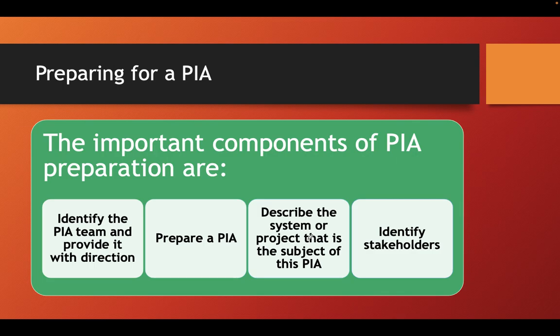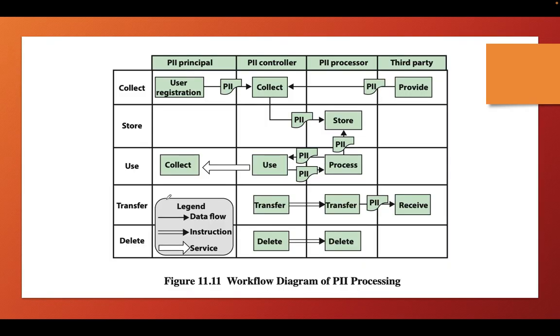Then you describe the system or project that is the subject of your privacy impact assessment. Then you have to identify the stakeholders. So these four blocks describe the preparation for privacy impact assessment.